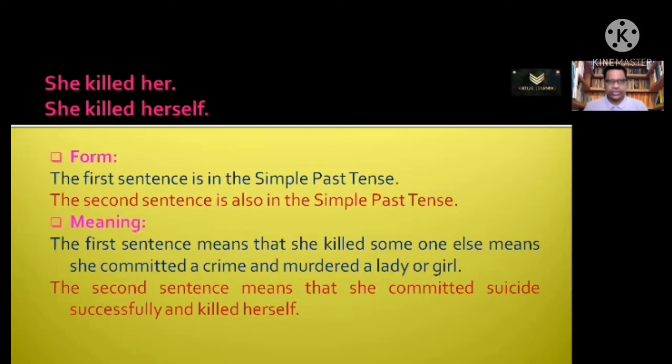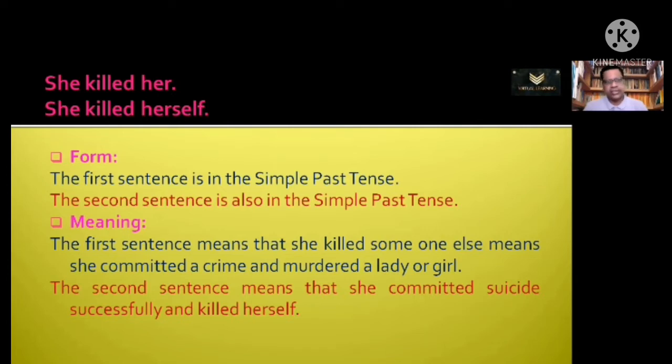Now you look at your screen for a pair of sentences. She killed her. She killed herself. So these are the two simple sentences provided here for the analysis of the form and meaning. Both the sentences are in simple past tense.